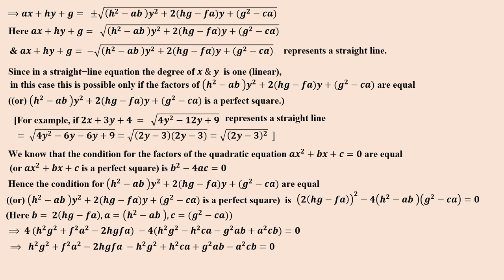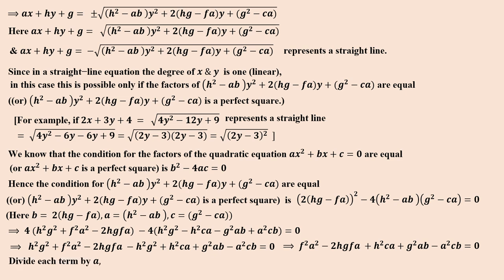That is h square g square, 4 and 4 common term get cancelled, right? h square g square plus f square a square minus 2hg fa minus h square g square plus h square ca, multiplying with minus inside, right, plus g square ab minus a square cb equal to 0. So h square g square minus h square g square get cancelled, right? So remaining terms f square a square minus 2hg fa plus h square ca plus g square ab minus a square cb equal to 0.